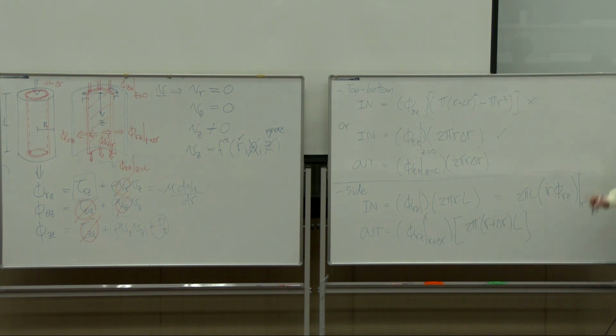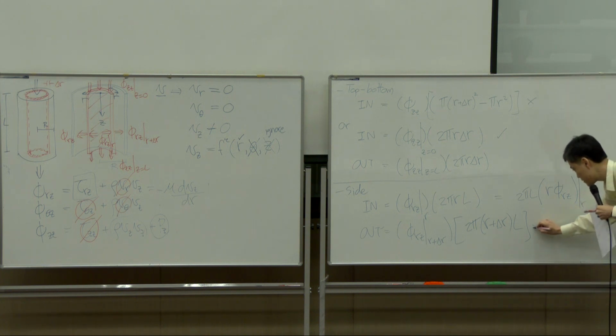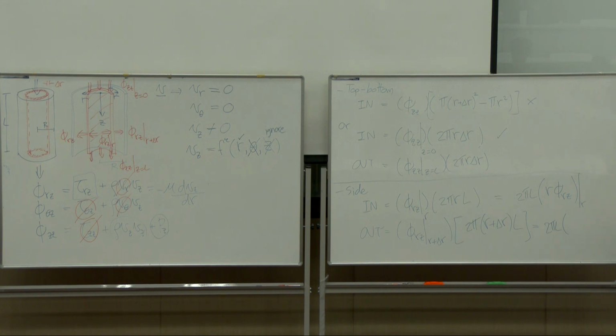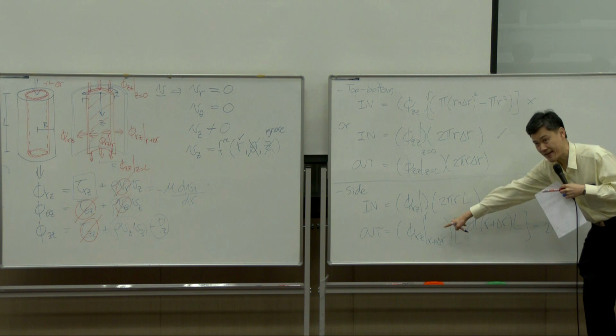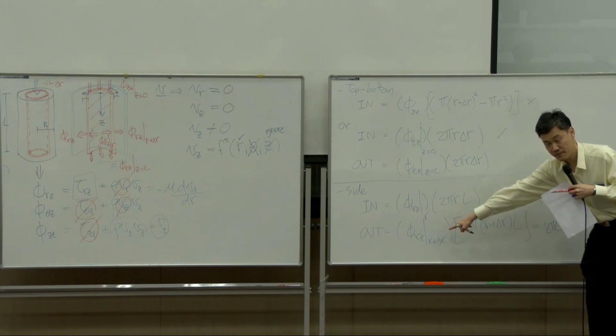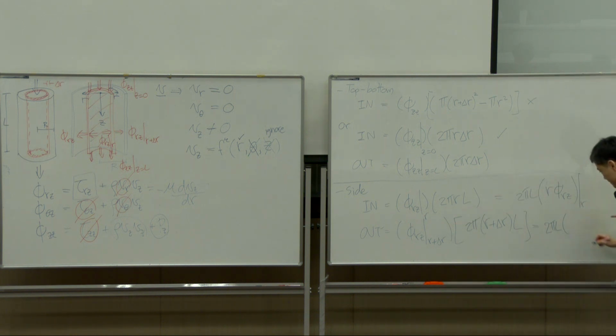Okay? So same thing for the output. I can write 2 pi L, and then this is the location and the flux at that location. So I can also say that it is r, flux at this location.